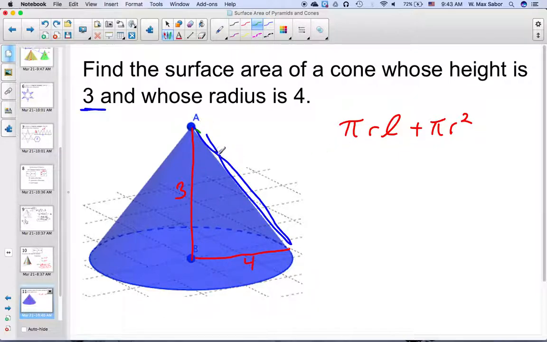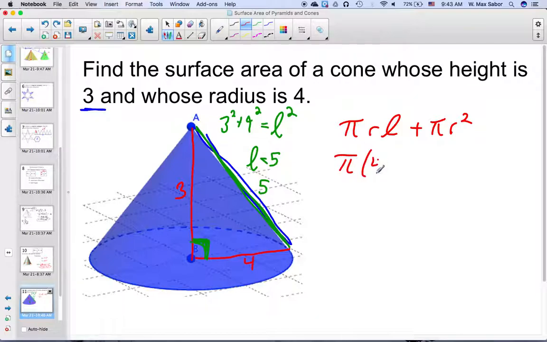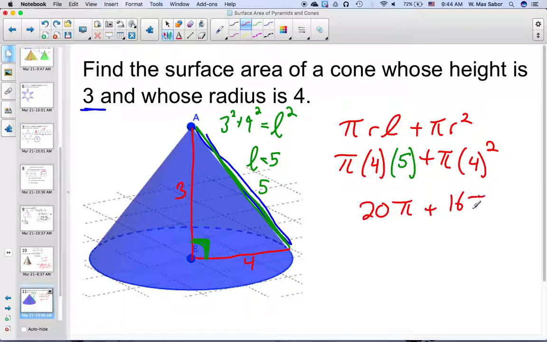There's a right angle here every time, so 3 squared plus 4 squared equals the slant height squared. When you solve that, you get 5 as the slant height. Now we substitute in pi times the radius times the slant height plus pi times the radius squared. We get 20 pi plus 16 pi, and that adds up to 36 pi.